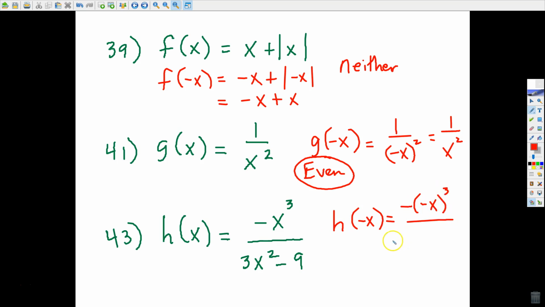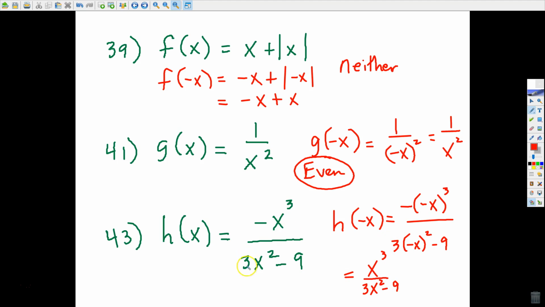All right, this is what it looks like. Okay, so we have negative x to the third, and the opposite of that is x to the third. And then negative x squared is x squared, 3x squared minus 9.